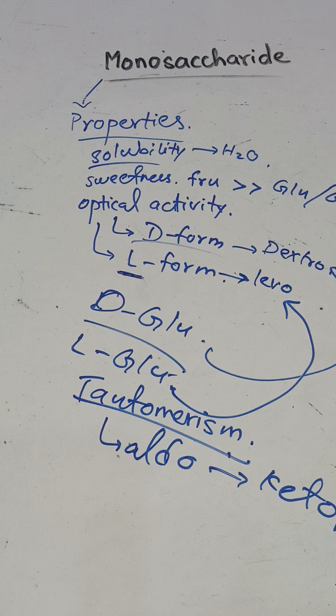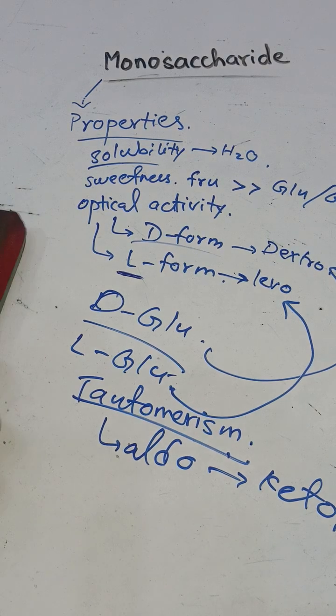It has four properties. Now you tell me what the properties are. Its properties are solubility, as it is soluble in water. The second property is optical activity, as it can rotate plane polarized light to the right side or the left side.